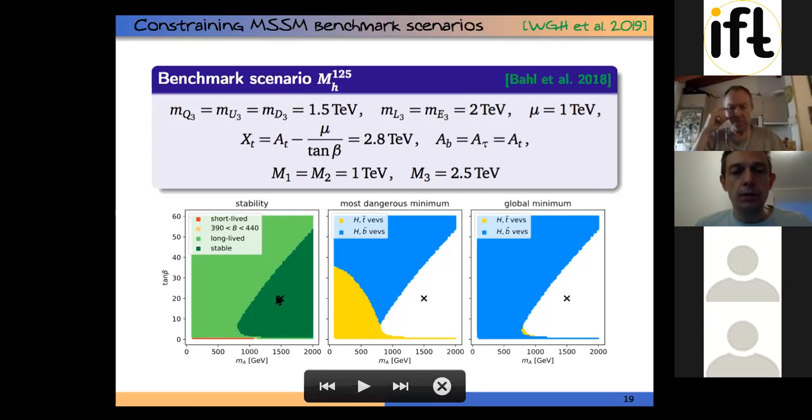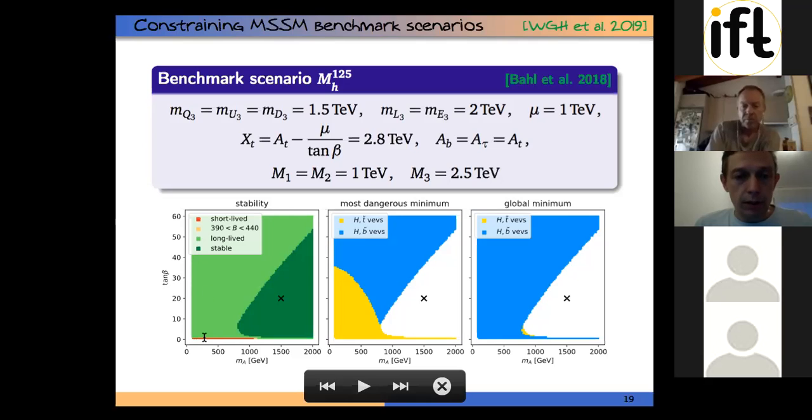We look into the lifetime. The dark green indicates fully stable vacua. That means the electroweak vacuum is the true minimum of the theory. The light green are long-lived in the sense that they are metastable, but the lifetime is much longer than the age of the universe.